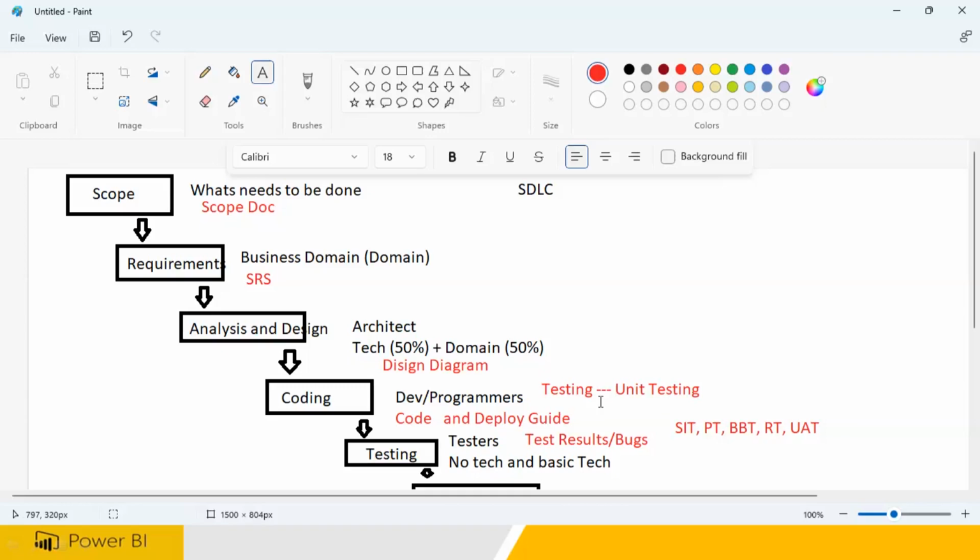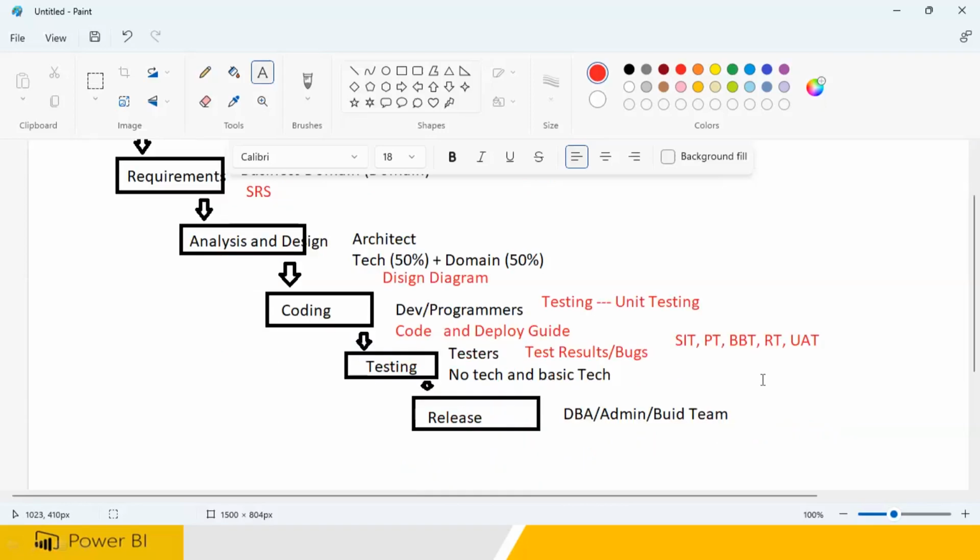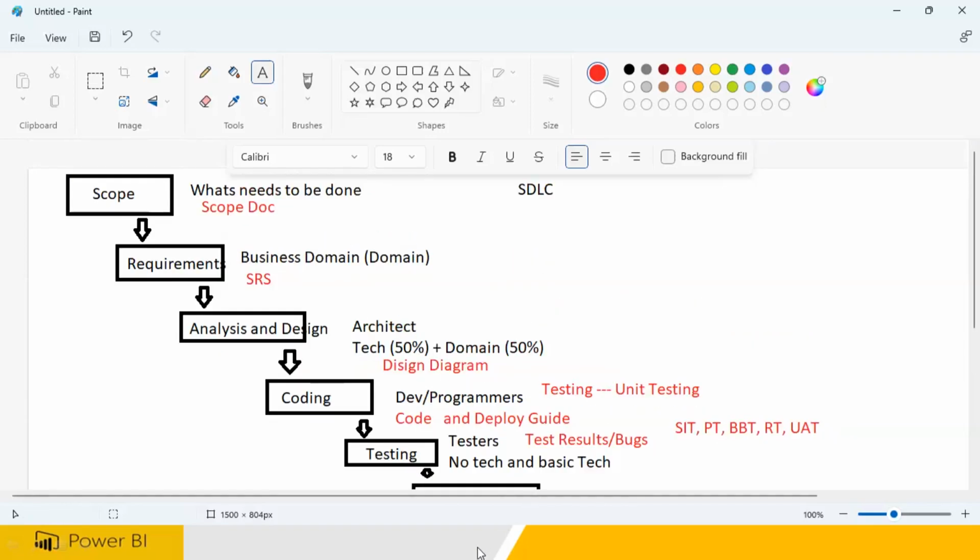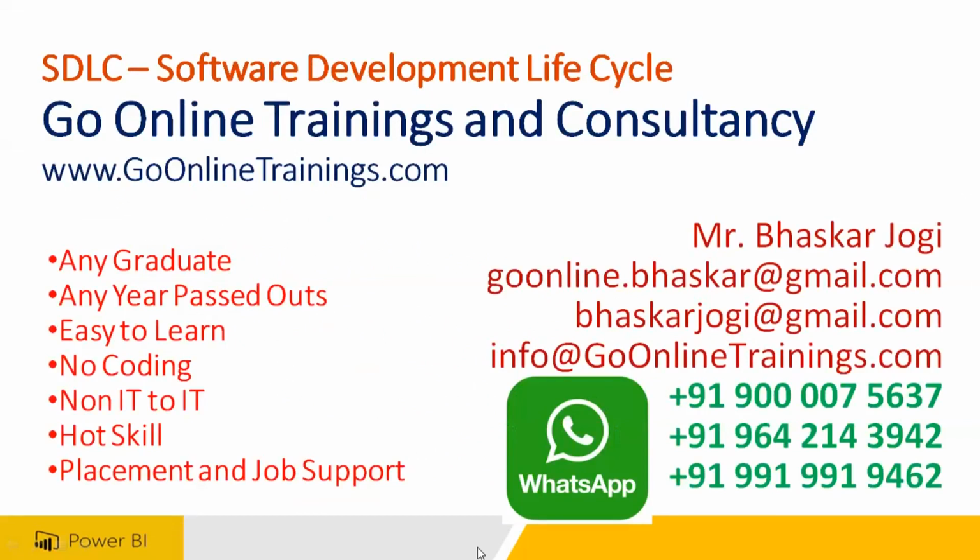So that is what you need to understand, guys. Any software you develop tomorrow, Java software, this software, that software, any software, this is what you need to understand as part of Power BI or anything you learn tomorrow. The SDLC process you need to understand clearly. Software development life cycle is not a Power BI concept, it is a software engineering concept.